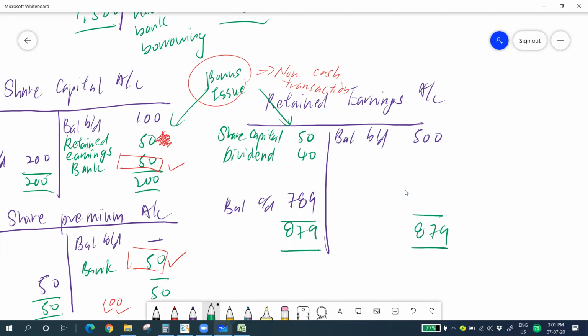So what is this amount? We have a 379, right? What is this 379? Class, what is this 379 in your retained earnings? Profit, be more specific. Is this profit before tax, after tax, or operating profit?